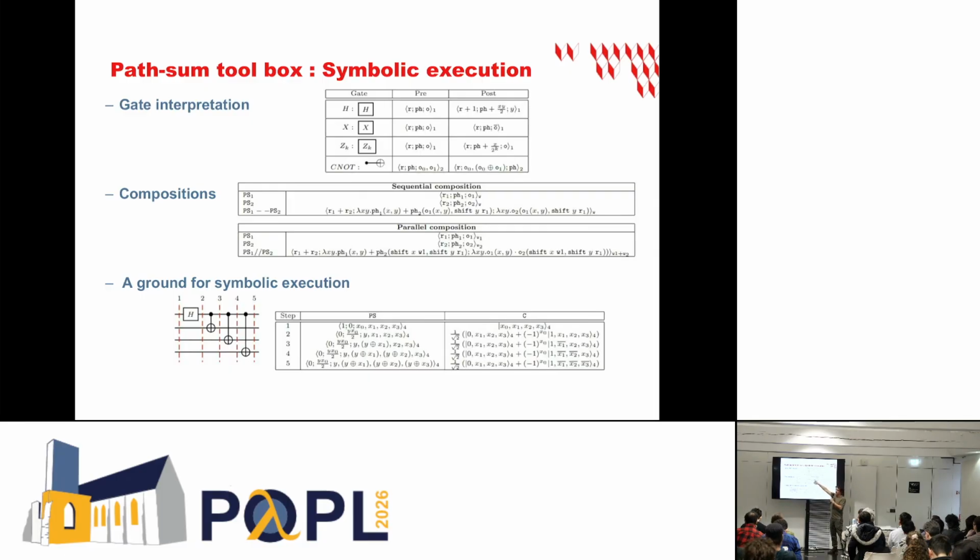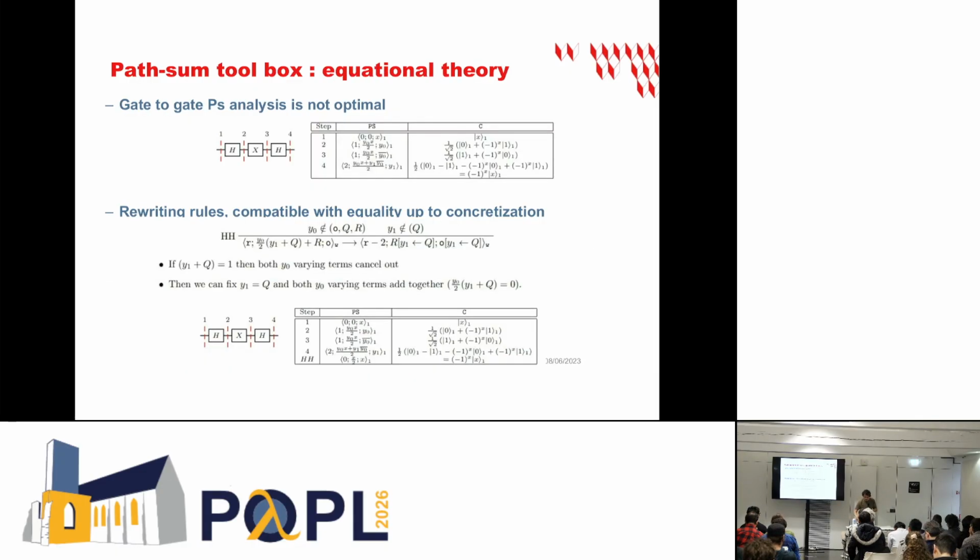Then there are functions interpreting compositions, either sequential or parallel, and we can indeed walk through a quantum circuit and derive directly, by applying this transformation, a path sum corresponding to this circuit. So this is a ground for symbolic execution.